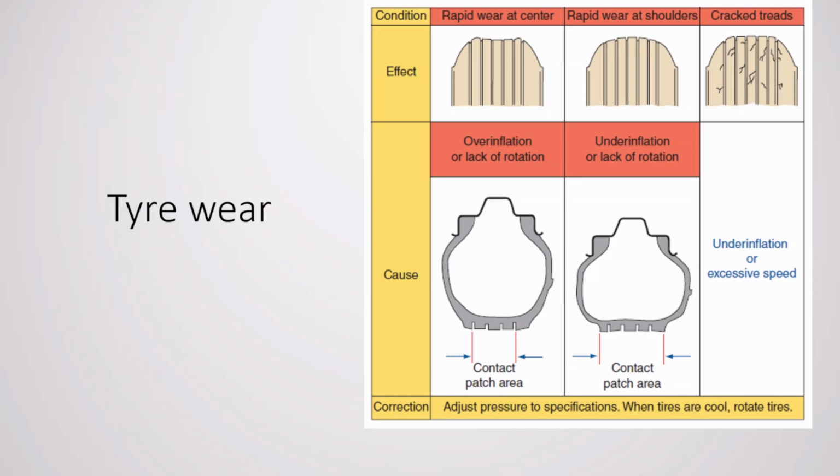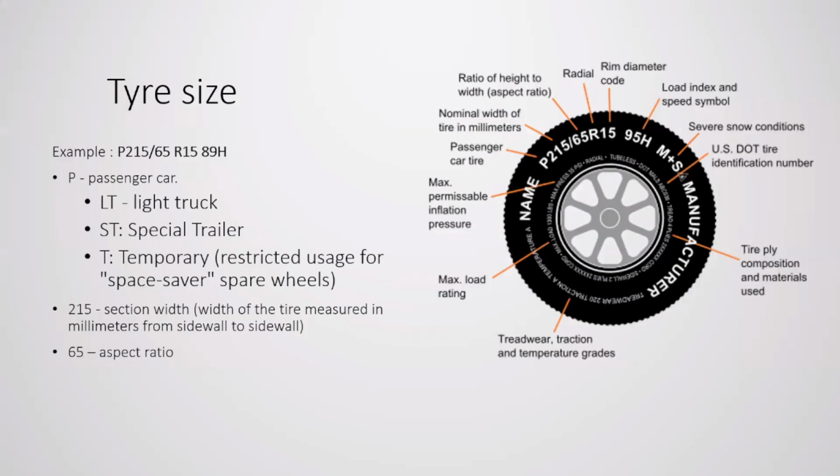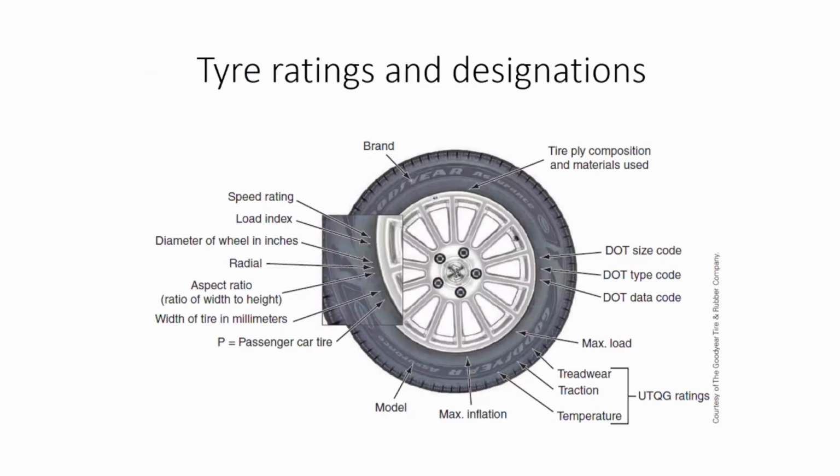So how to find the manufacturing date or year on your tire? Actually, on the sidewall we can easily see the manufacturing date. Here it is not mentioned, but let's say it is manufactured in 2024.